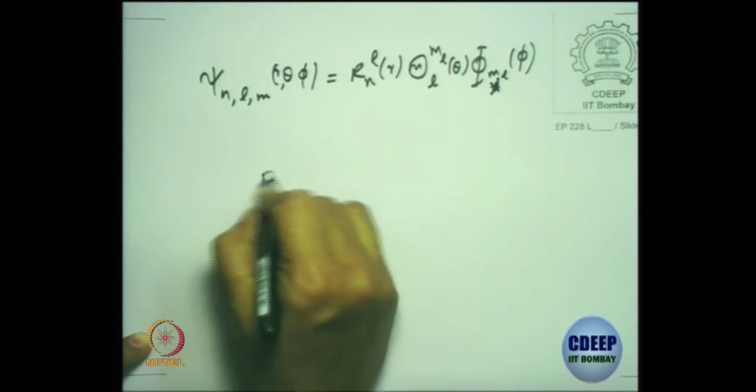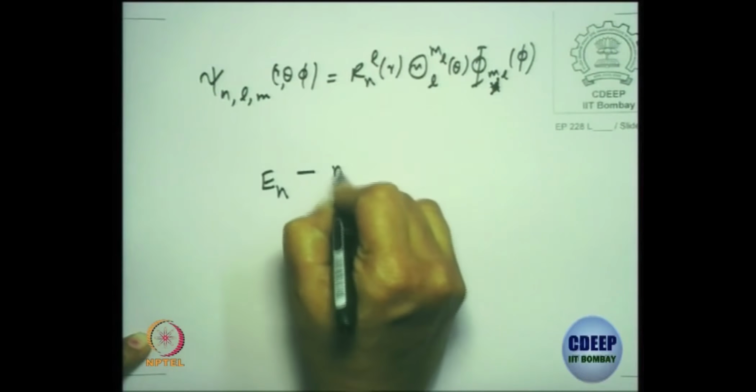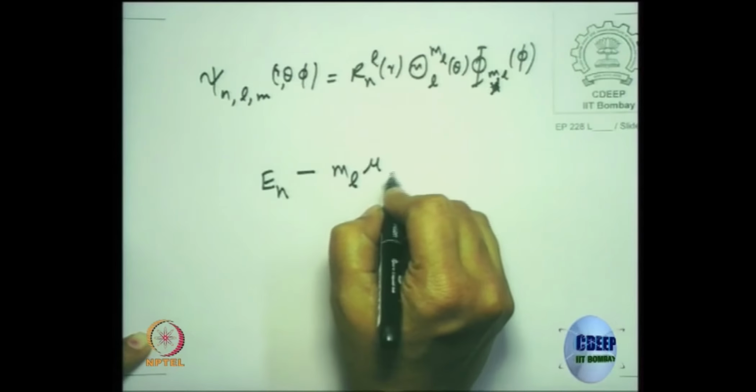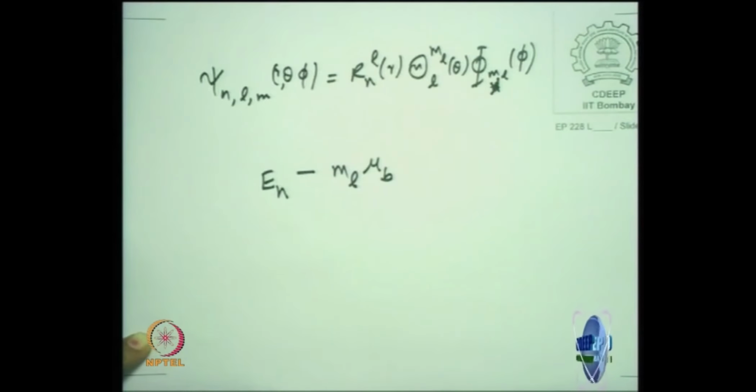So whatever you found as En will get an ml mu B. That's what will happen.